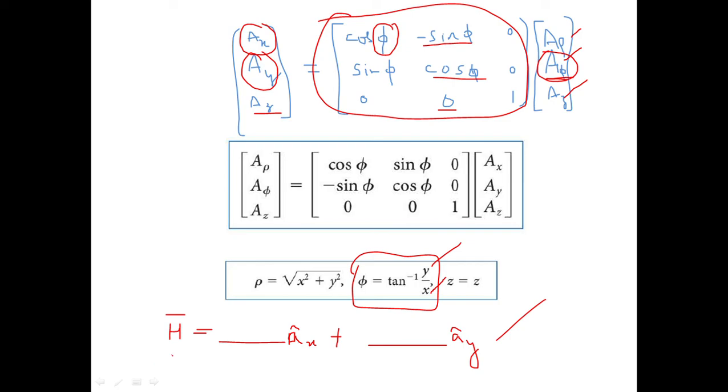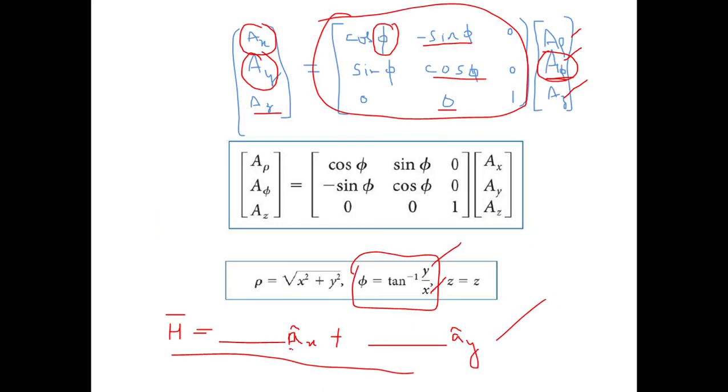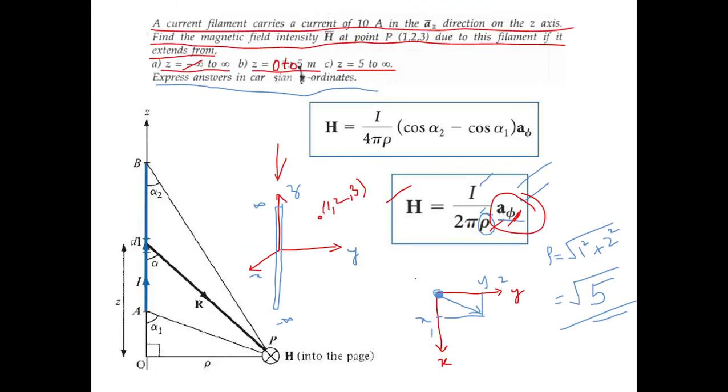Now what we got, first we got only with respect to a phi, but after converting you will get it with respect to the Cartesian coordinate system, ax and ay, right? Now how to solve the second problem? Second case, when z is from 0 to plus 5, you have to modify the diagram, right?